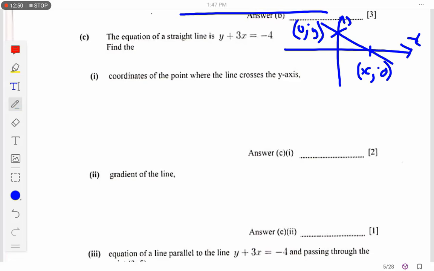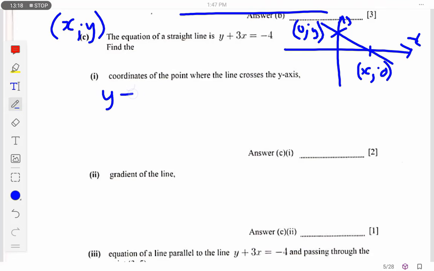That is now correct, because when we write our coordinates, it's in the form of x and y. So when it's crossing the axis like that, it is going to be 0. So they are asking us to write the coordinates of the points where the line crosses the y-axis.